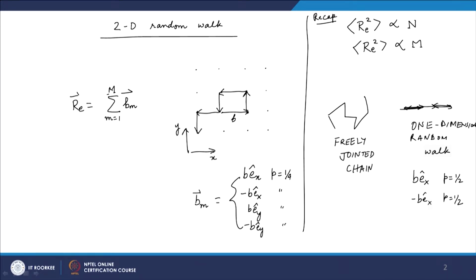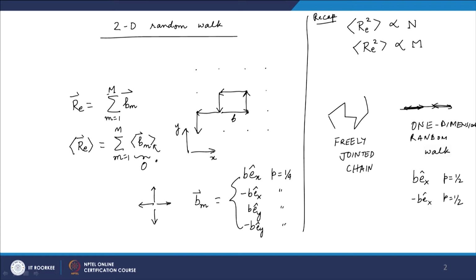Capital M is the number of segments or steps, and then again I can take the average of this, and by the same logic you can see that the ensemble average of the bond vectors will again be 0, because it can of course be in the x direction, but it can be in the opposite direction with equal probability. It can of course be in the y direction, but it can also be in the minus y direction with the same probability. So there will be cancellation of the two vectors.